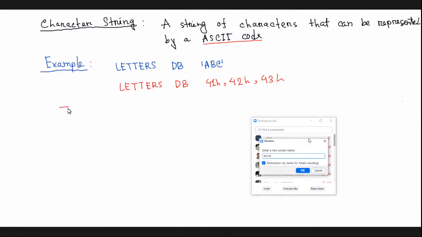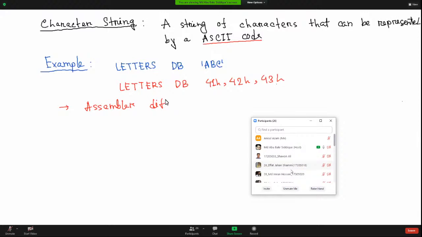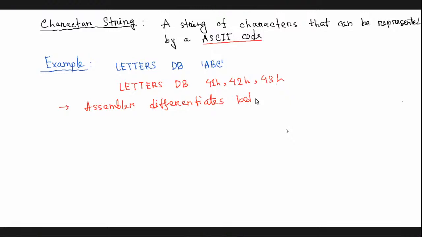So we can write that the assembler differentiates between upper and lowercase. That means uppercase and lowercase are not the same.